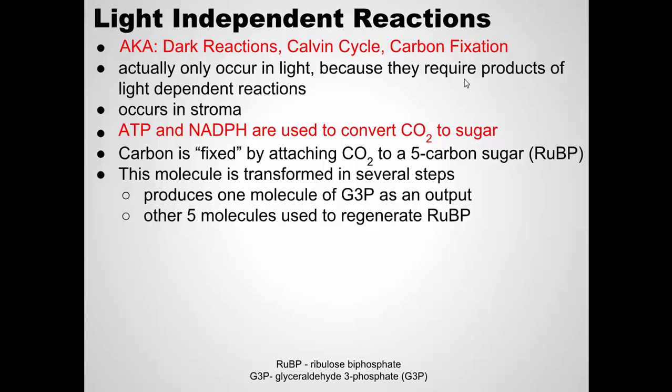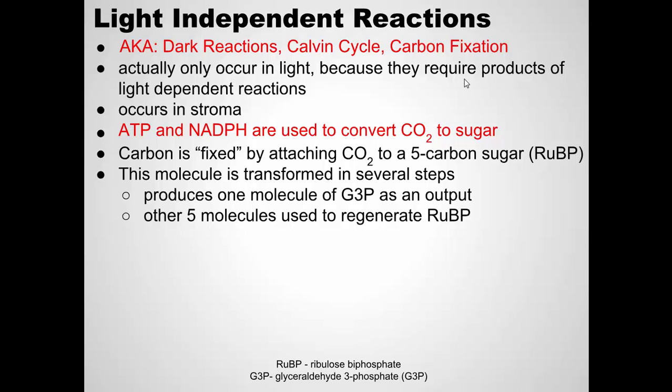We should know they also only occur in the light because they require those two things from the light-dependent reaction. They happen in a different place. They happen in the stroma, the liquid surrounding those grana in the chloroplast.